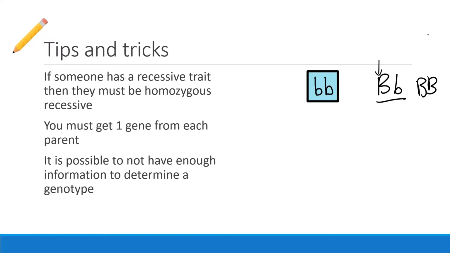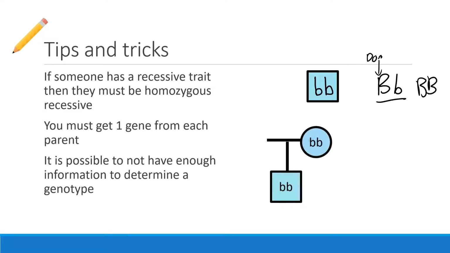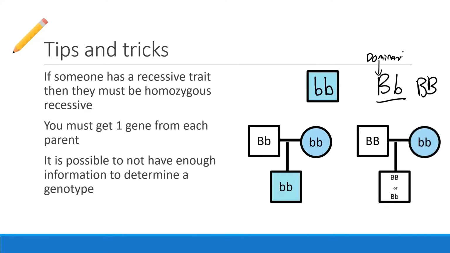The second trick that I usually use is that you must get one gene from each parent.